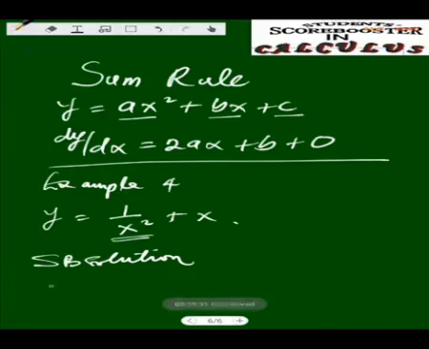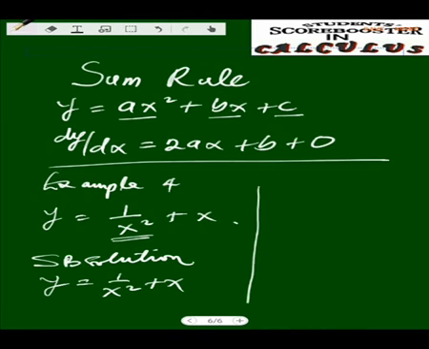My y is, this is what I've been given, plus x. So I can put this one in this form: y is equal to x raised to power minus 2 plus x. I think this is clear.